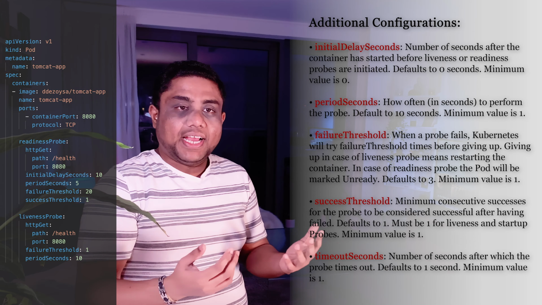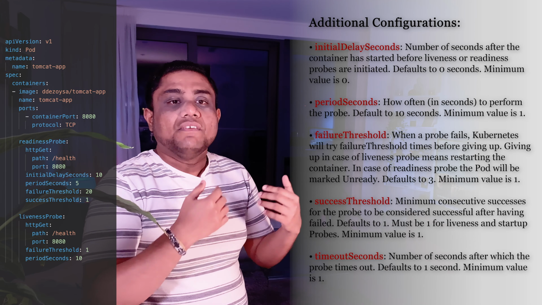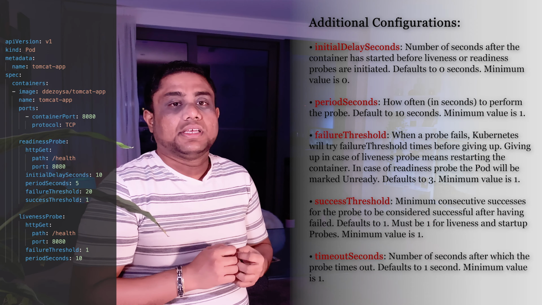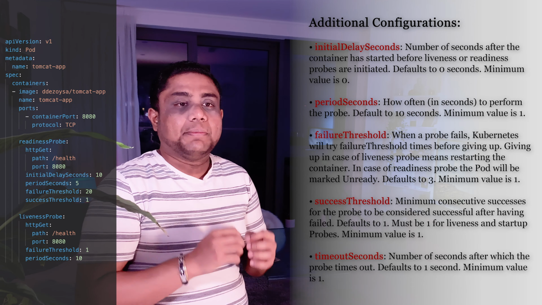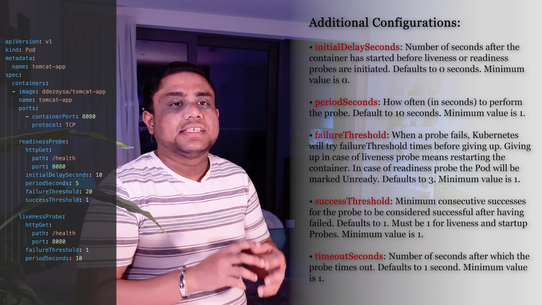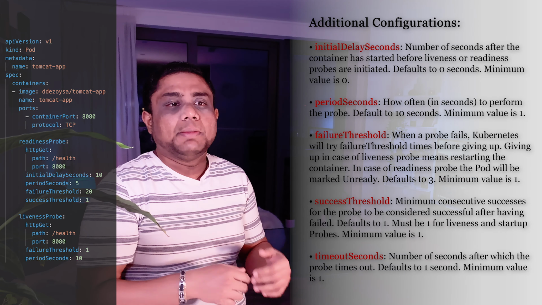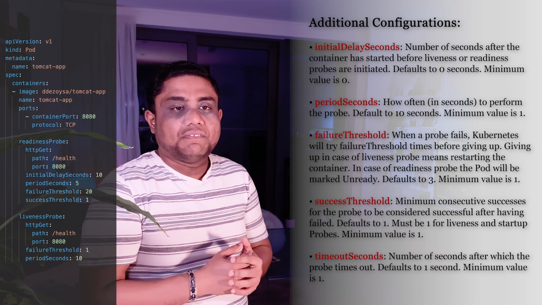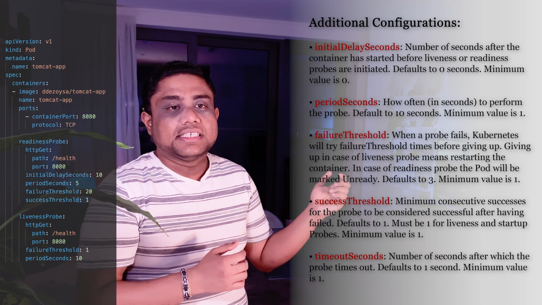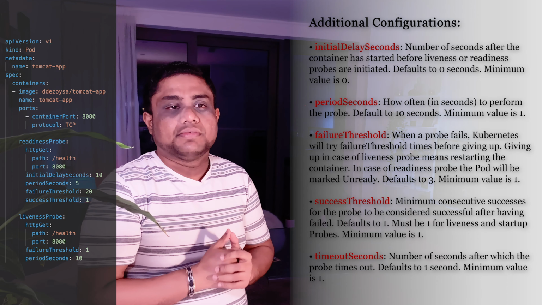When the probe fails, Kubernetes will try failureThreshold times before giving up. Giving up in the case of a liveness probe means restarting the container. In the case of a readiness probe, the pod will be marked as unready. The default value for failureThreshold is 3, and the minimum value is 1.